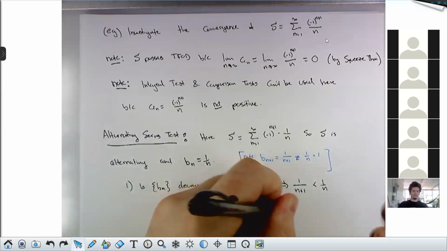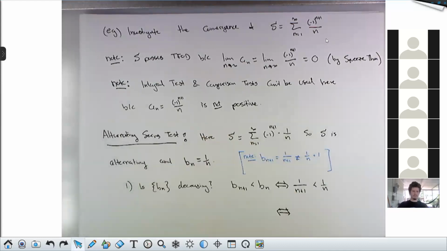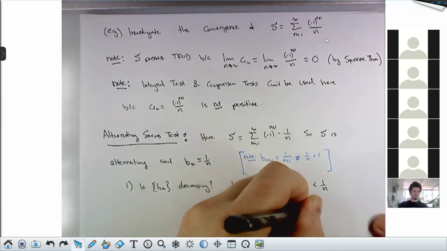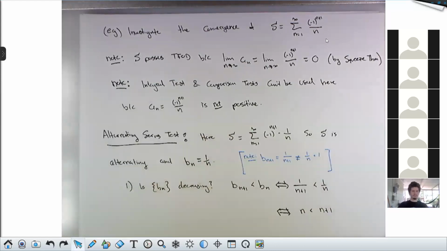Well, I can work with this inequality now and try to reduce it to something I know to be true. Specifically, I can cross multiply. I'm cross multiplying here by n and n plus 1, so I get n is less than n plus 1.